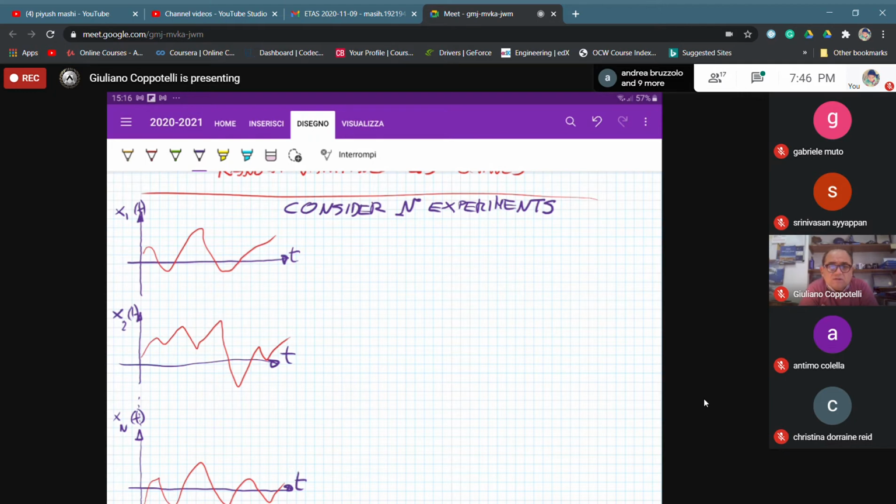And in order to do that, let's assume that we have n experiments, and for each experiment we are taking that behavior, the one that I just plotted here. As you can see, we have, for example, a parameter x1 that is measured, then the same parameter with a different test is measured again, so we have x2, up to the nth evaluation of your parameter.